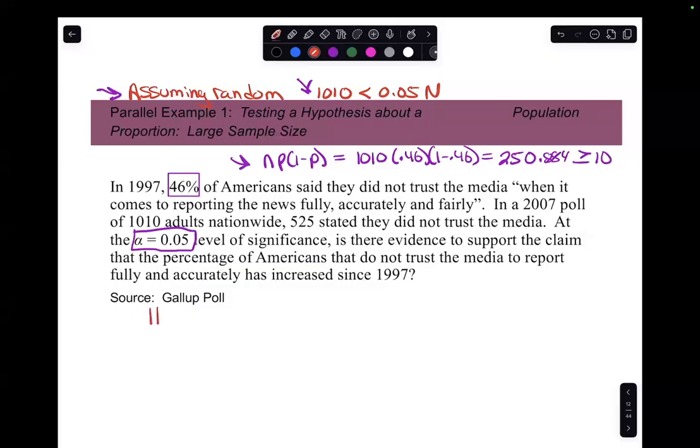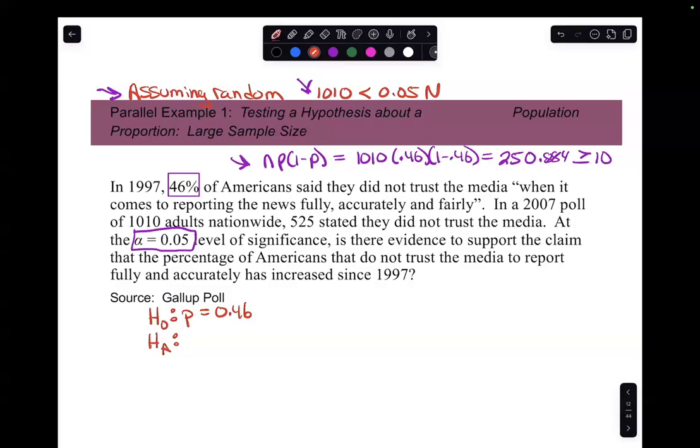So my H naught, p equals 0.46. This is true until we prove it isn't. So until we have evidence against it, this is true. My alternative hypothesis, I know I keep using A and our textbook uses 1. I think my open math uses A, and it doesn't matter.